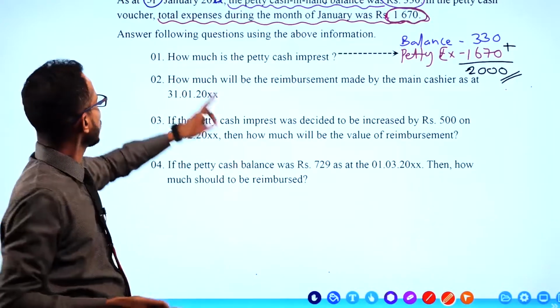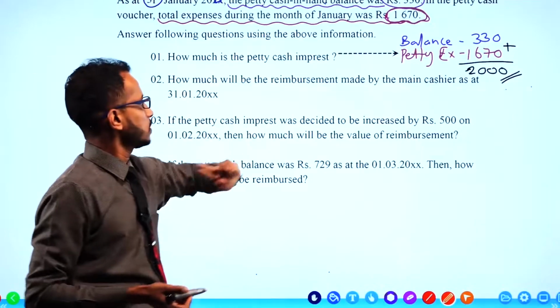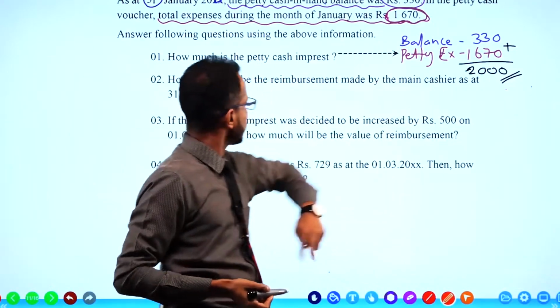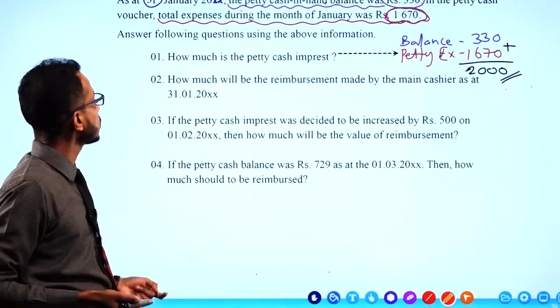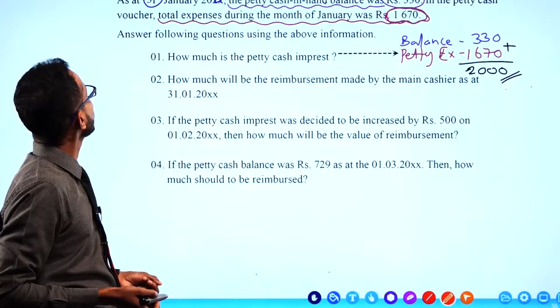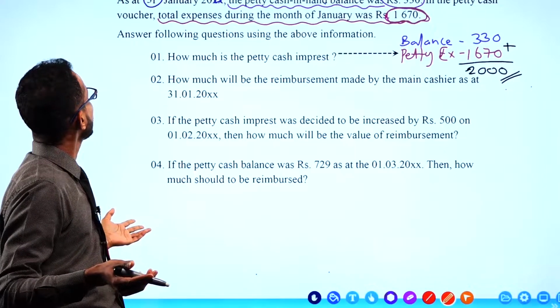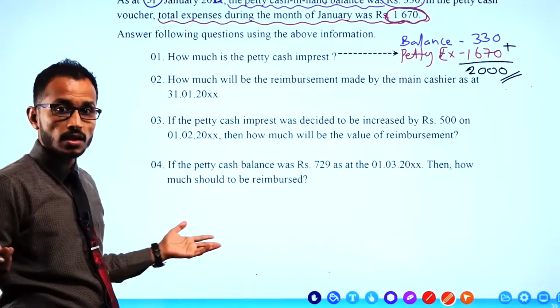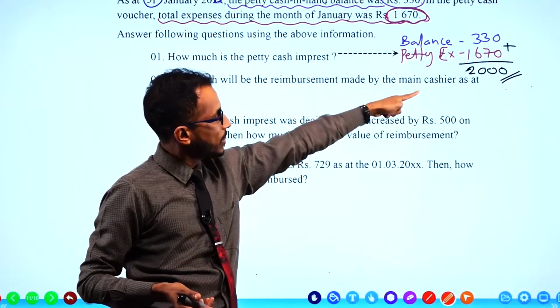Got it? How much will be the reimbursement made by the main cashier as at 31st January? Yeah, that's what they're asking. How much will be the reimbursement made by the main cashier?